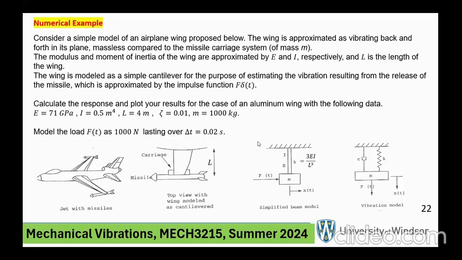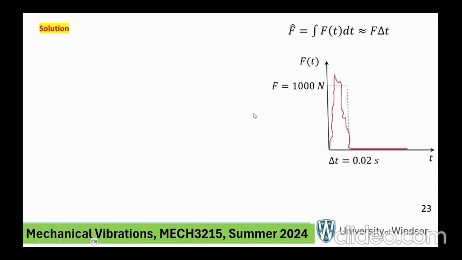So we know what the response of the single degree of freedom system is going to be under an impulsive load. Now, in reality, this F of t, the force that the missile puts on the wing, is not constant. It's some jagged force, but it's of very, very short duration.